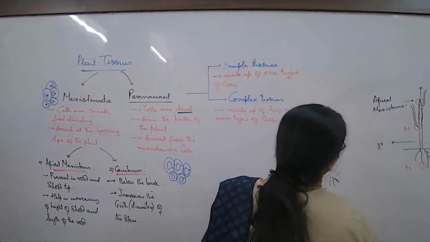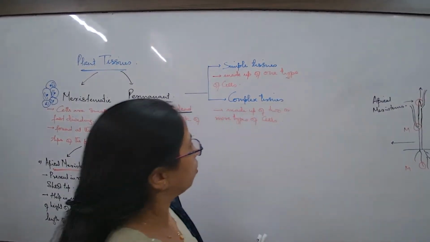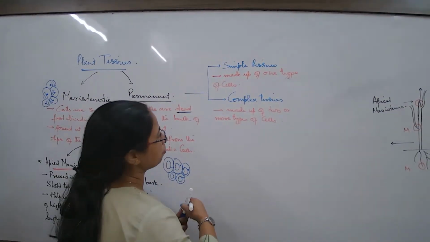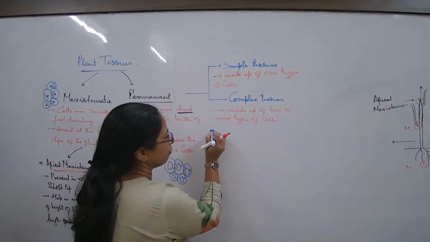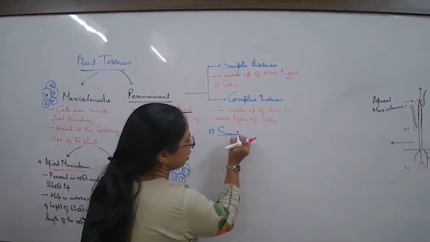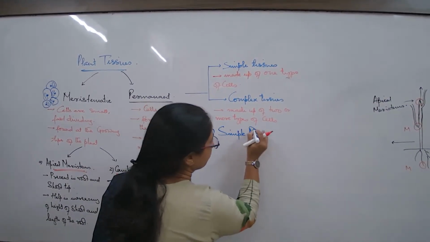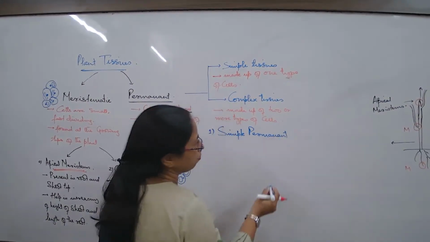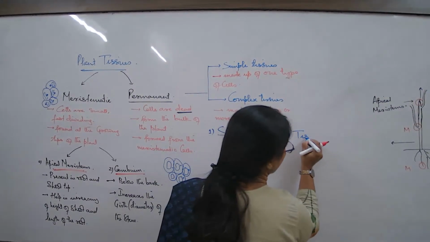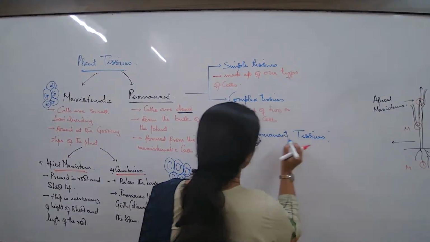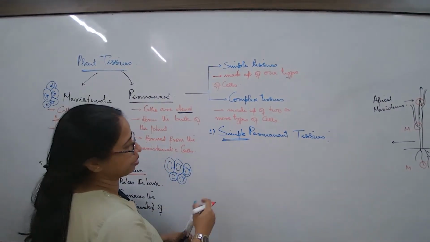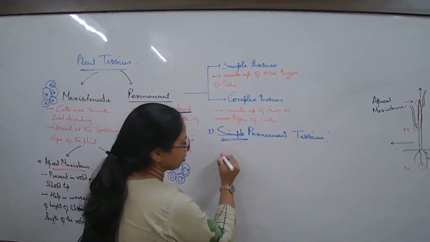First of all, we will try understanding what are the different types of simple permanent tissues. Simple permanent has three types.